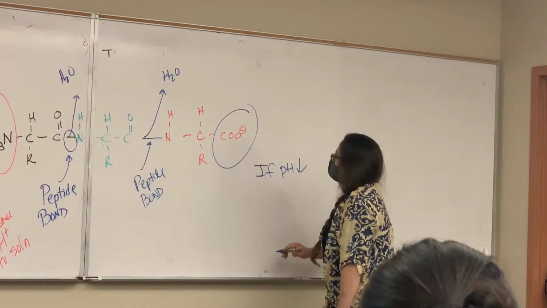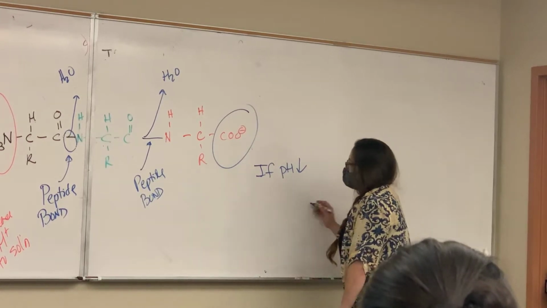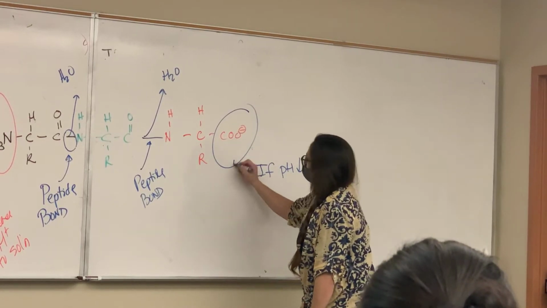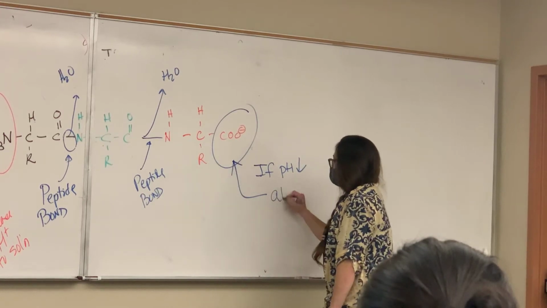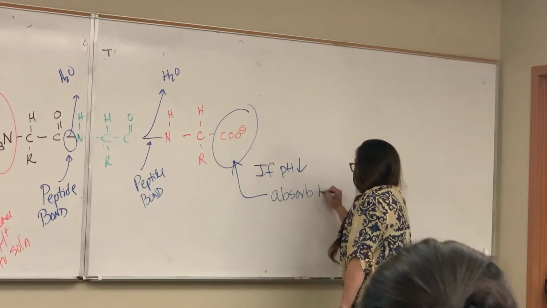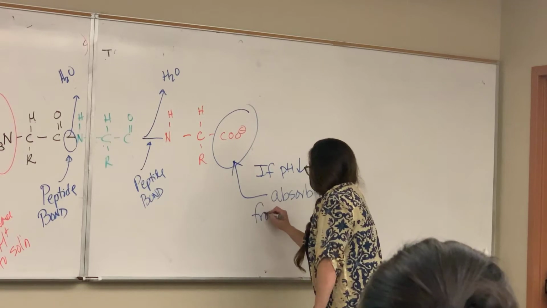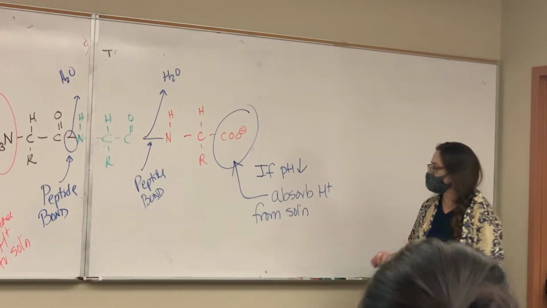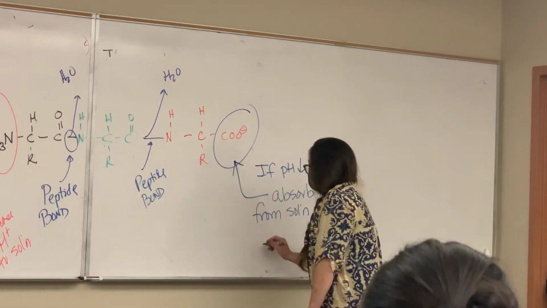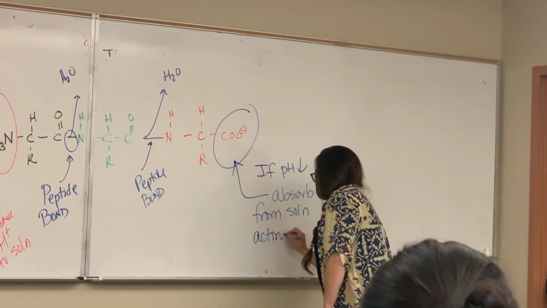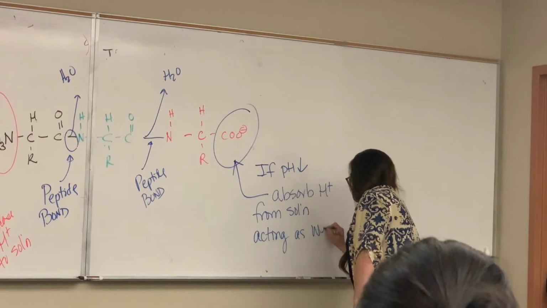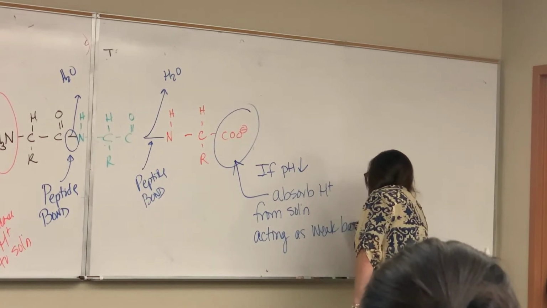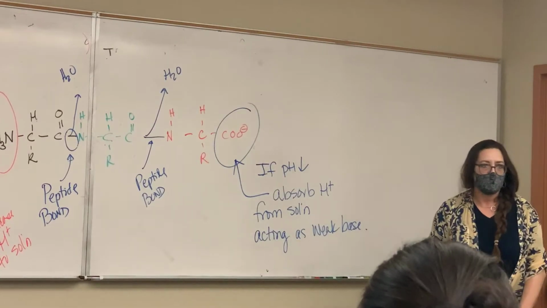So this carboxyl group, if the pH is too low, it'll be this carboxyl that can absorb hydrogens from the solution. When the pH of the solution is too low, this carboxyl group is acting as a weak base, just like we saw with the amino acid.